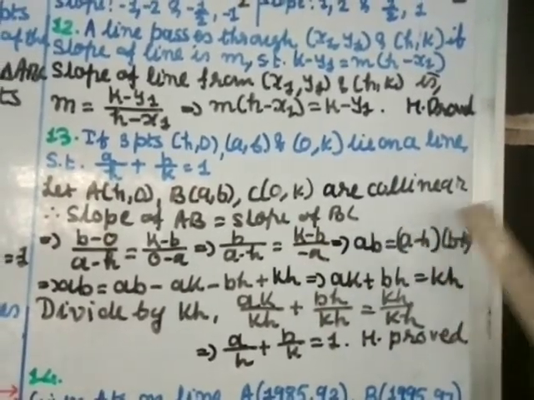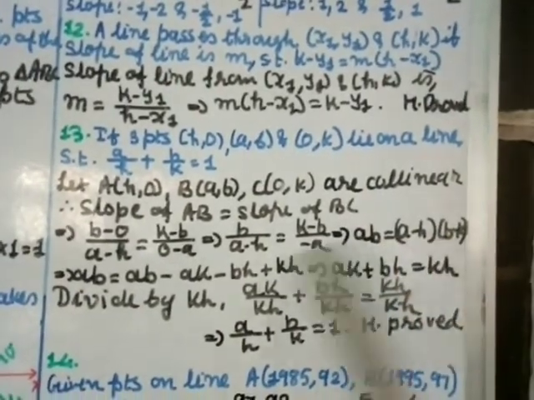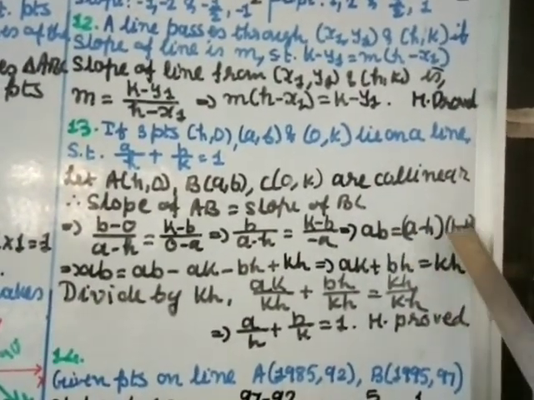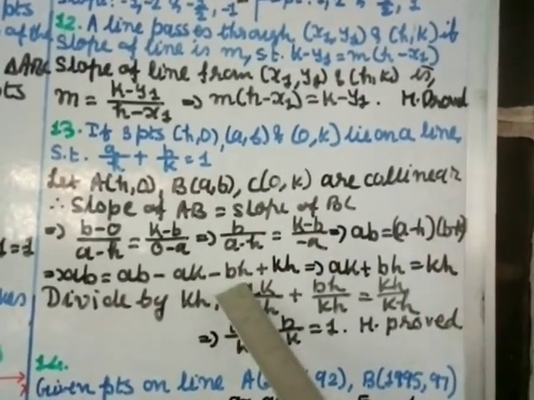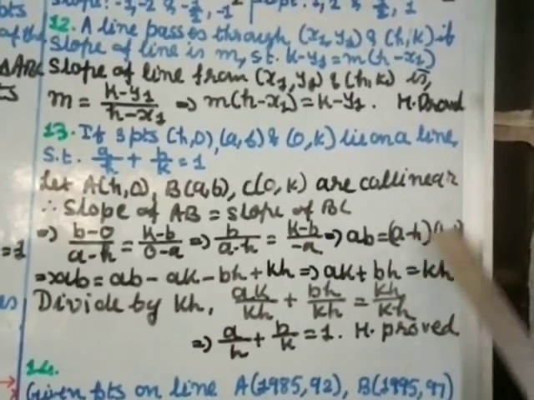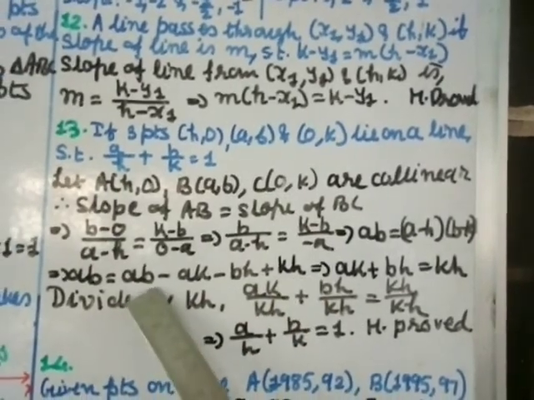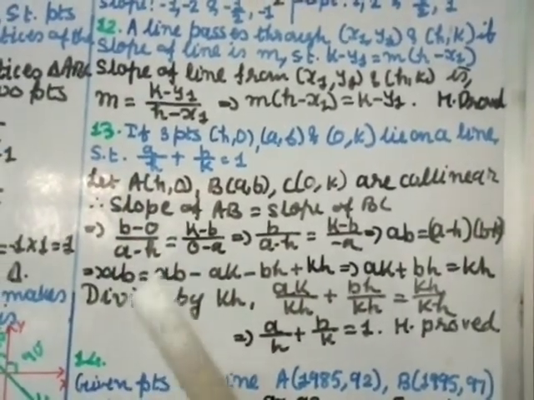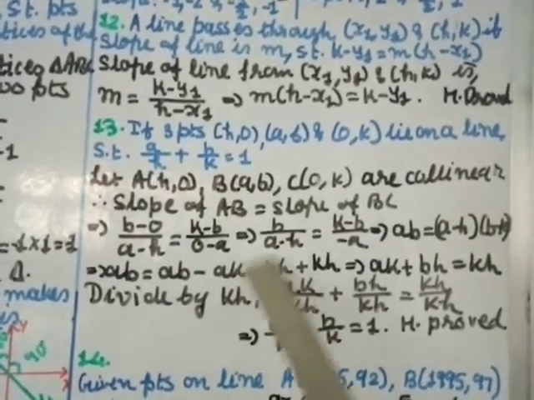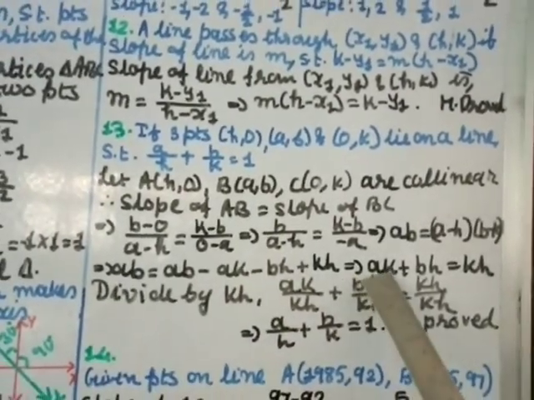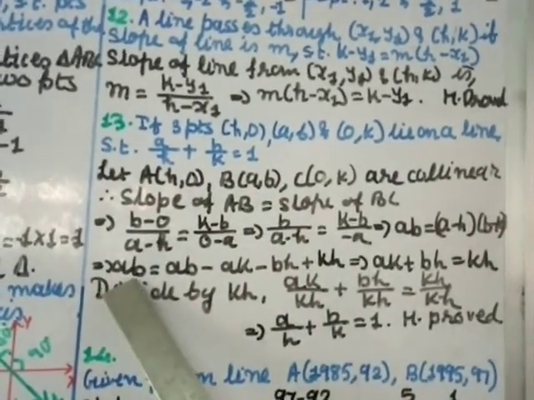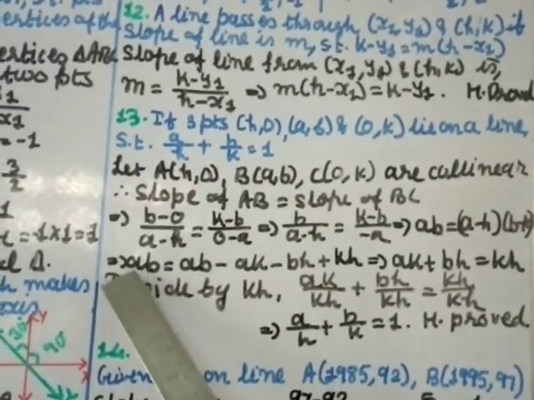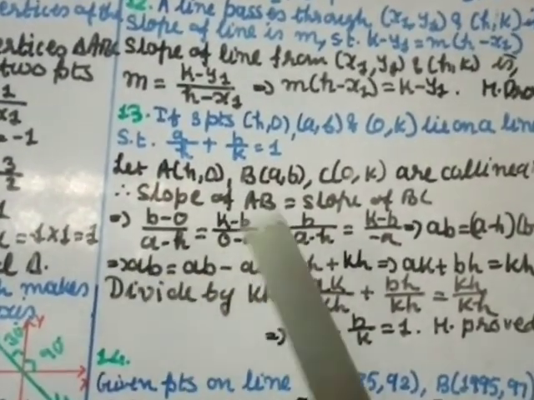Okay, open this bracket, so ab equal to a into b, ab, a into minus k is minus ak, minus h into b is minus bh, and h into k, both are negative, so plus kh. This ab if you transfer over here, it will cancel. Now these two negative terms I am transferring over here, so you get ak plus bh equal to kh. When you transfer this negative term, it will become positive, and here when you transfer ab, minus ab, it will become 0, and this you transfer becomes positive.